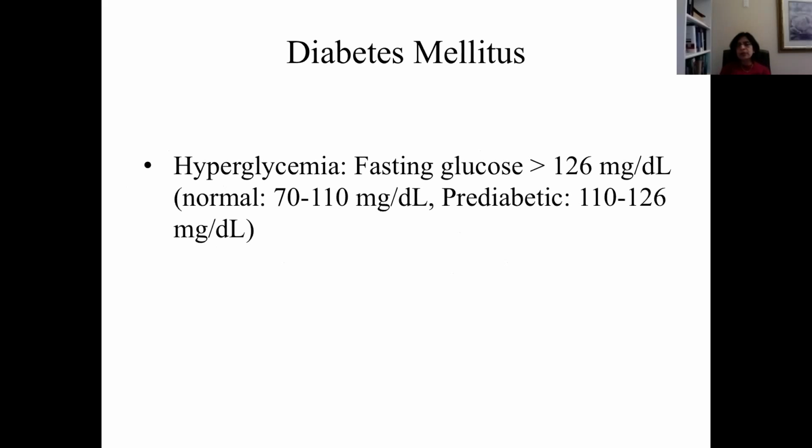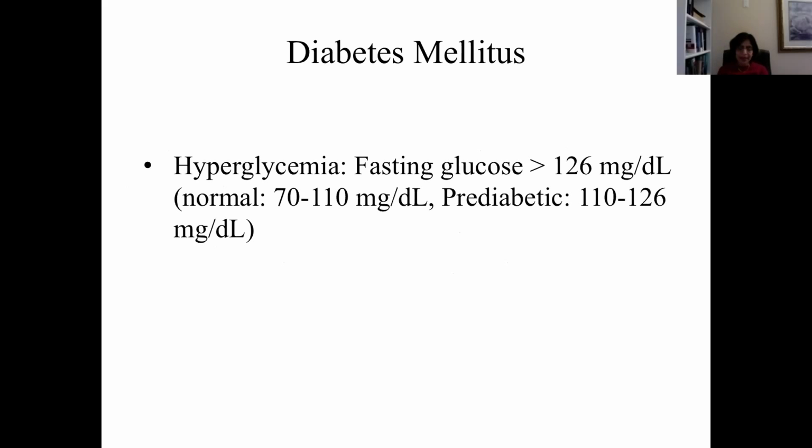So when do you call it hyperglycemia? What is the normal level? And when do you call it hyperglycemia? Normal levels are anywhere from 70 to 110 milligrams per deciliter, normal range. This is the fasting glucose level.